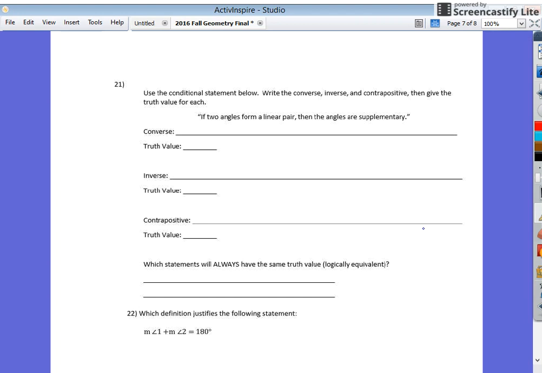On number 21, you're using the conditional statement below to write the converse, inverse, and contrapositive. And then you're also giving the truth value for each one. So remember your converse, you're going to switch the hypothesis and the conclusion. So we would say, if the angles are supplementary, I'm going to abbreviate, then two angles form a linear pair.